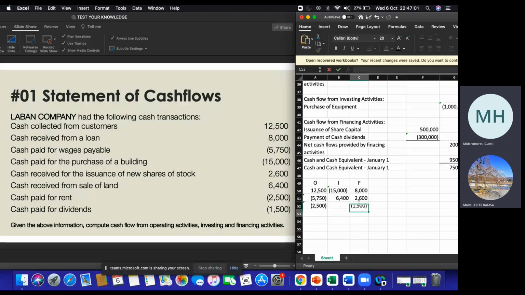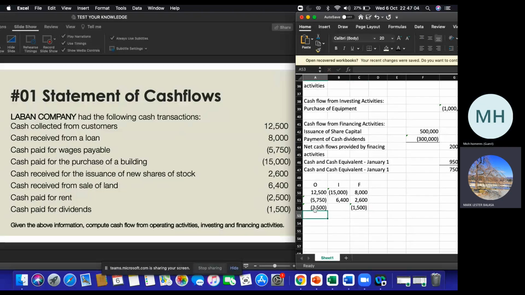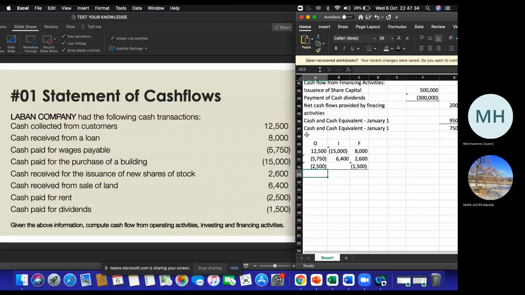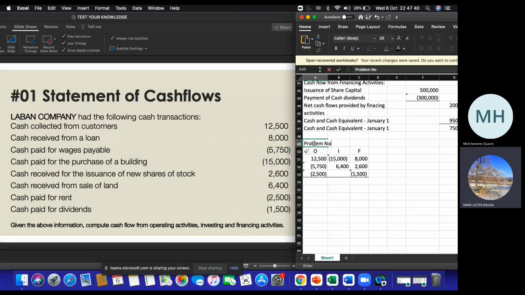How much now, class, is our operating activities? Compute. 12.5 minus 5,750 minus 2.5. You have 4,050.